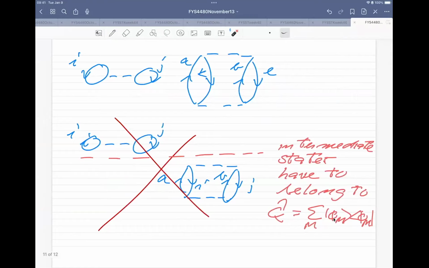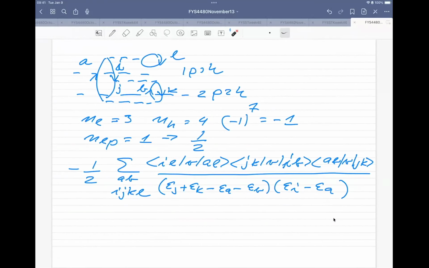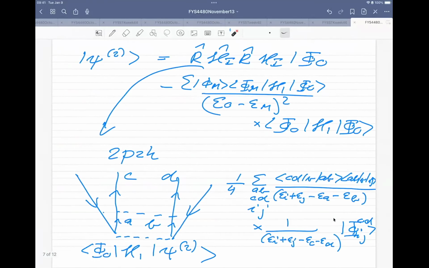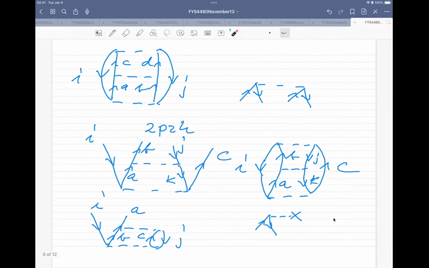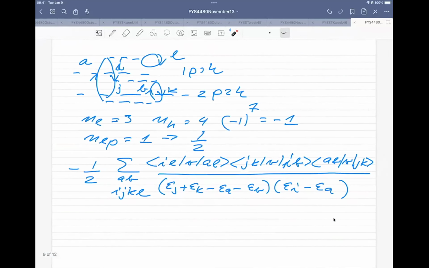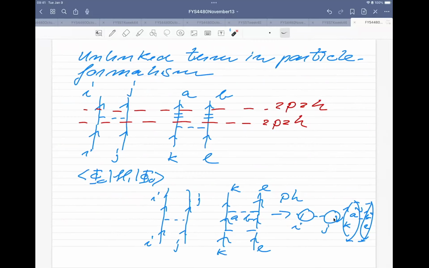When you set up your expansion, you will actually have terms like this and terms like that. But those terms which give rise to unlinked diagrams like this one will cancel terms which are linked and which violate the Pauli principle. That's one type of cancellation.